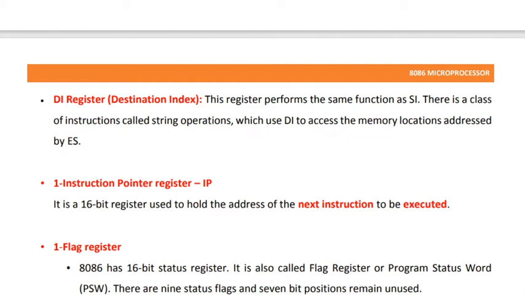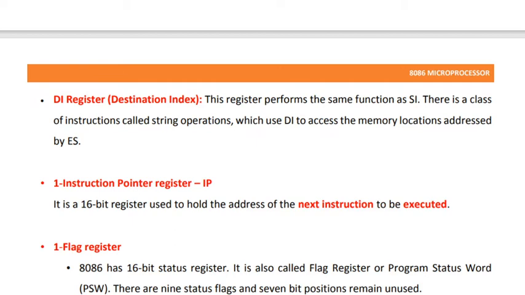This register is used for performing string related operations, where DI is used to access the memory location addressed by ES. So it's capable of performing operations similar to SI, but very often it is used to perform string related operations where you access data from the extra segment.